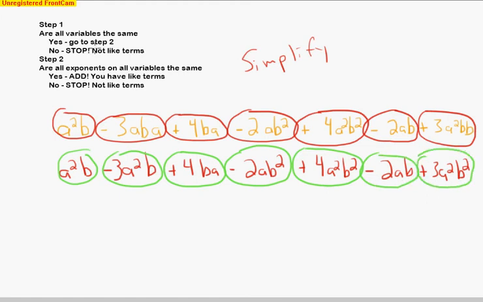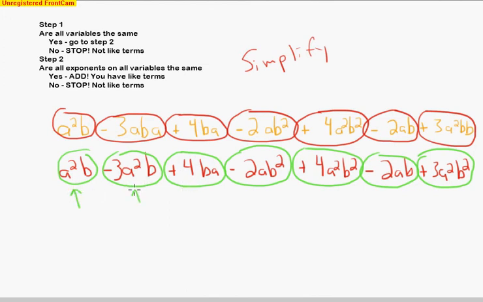First we look for variables that are the same. Well, all of these guys have a's and b's, so they're all going to pass the first test. AB, AB, AB, AB, AB, AB, and AB. But not all the exponents are the same in all the variables. Here we've got a squared b. Do we have any other a squared b's?